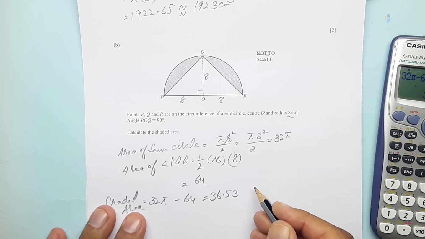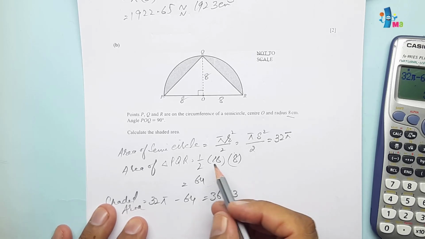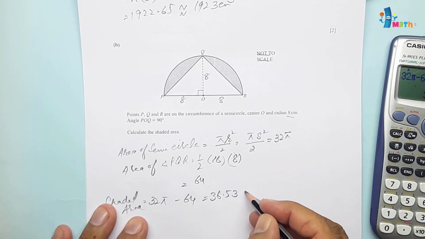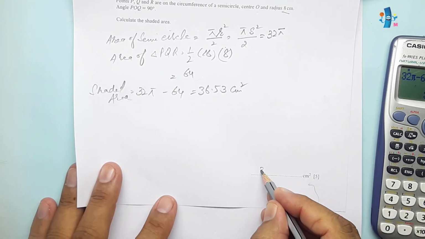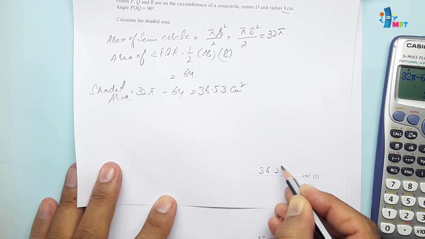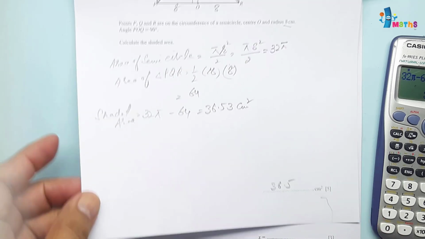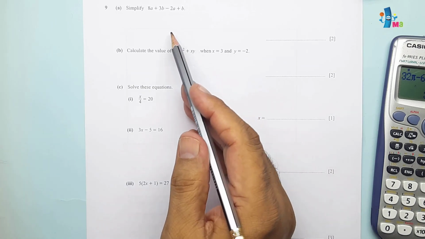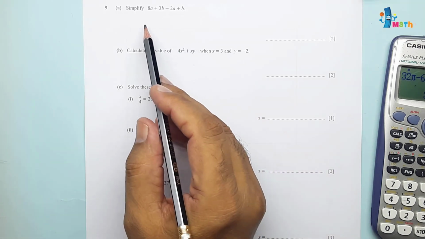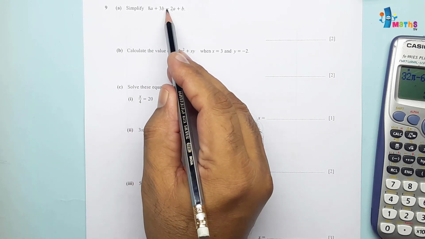36.53, and this is basically in centimeters, so this will be centimeter square, and the answer will be 36.5 centimeters square. Question number 9 is we have to simplify this, and like terms will be adding 8a minus 2a.